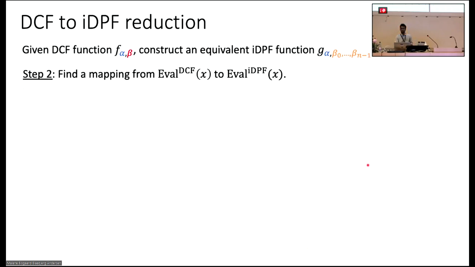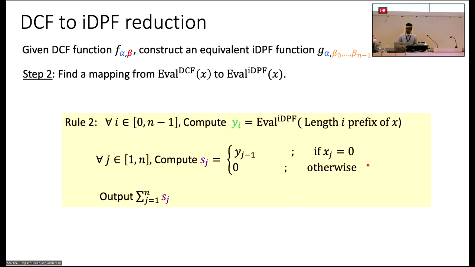The second step is now to find a mapping from the eval function of a DCF to the eval function of an iDPF. Here we have the following rule. This rule looks complicated, but let me go slowly through it, and I will explain it in the next slide using an example. First you do an evaluation of the input X on all i-length prefixes.